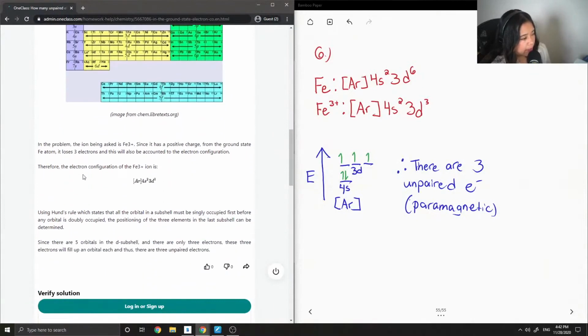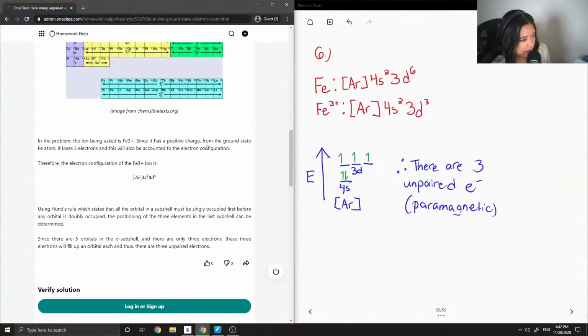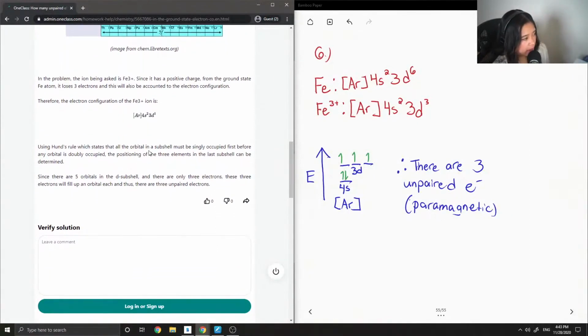In the problem, the ion being asked is Fe3+. Since it has a positive charge, the ground state iron atom loses 3 electrons, and this will also be accounted for in the electron configuration. Okay, so they got argon 4s2, 3d3.